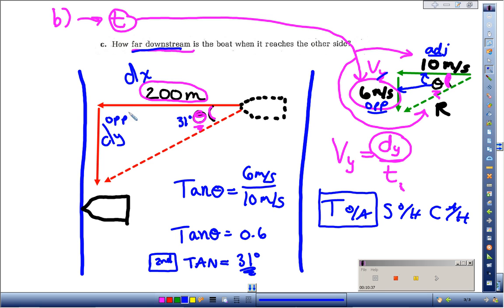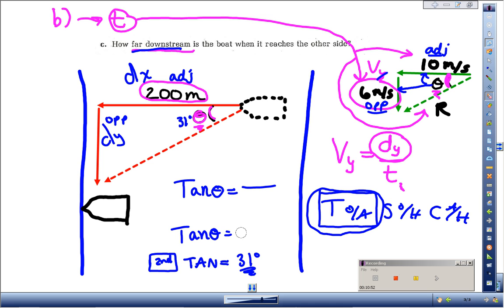You can now use the same trigonometric function, but instead you're going to insert your values for your displacement vector triangle. So if the tangent of an angle is equal to the opposite divided by the adjacent, you already know the angle. It's 31 degrees.